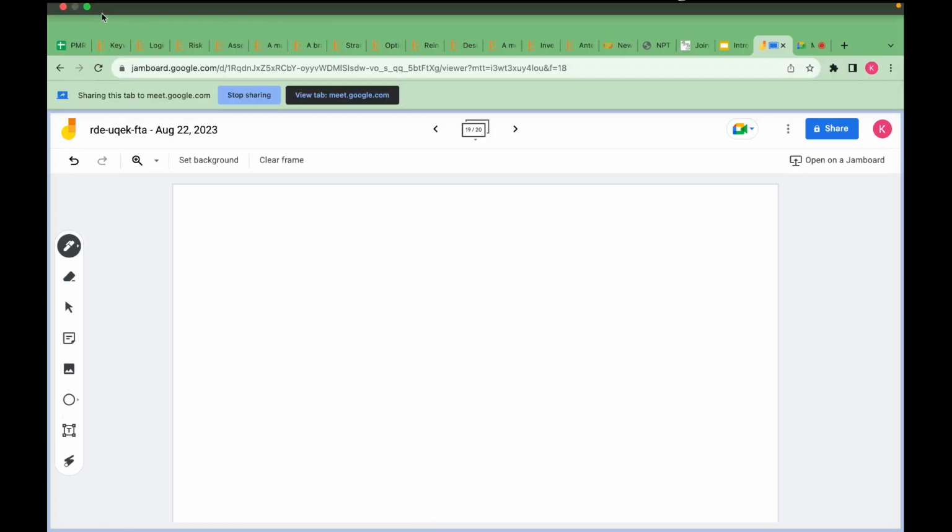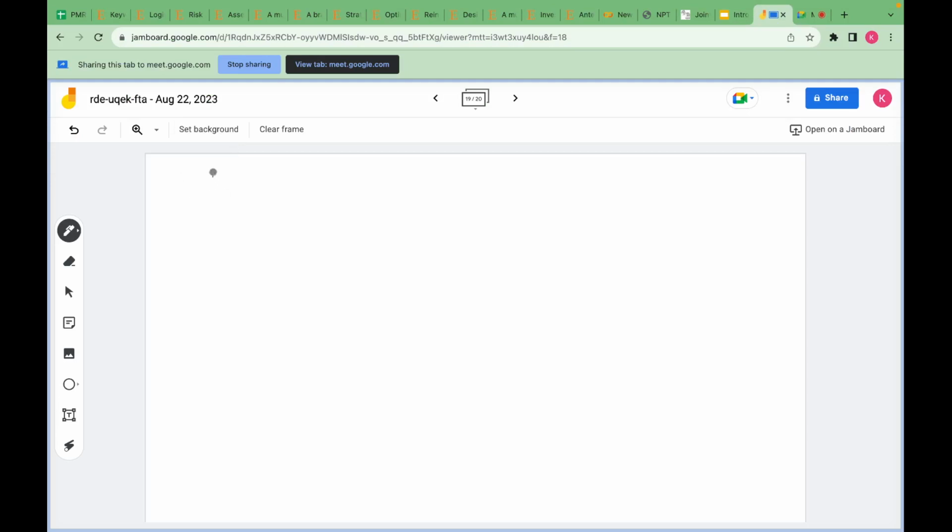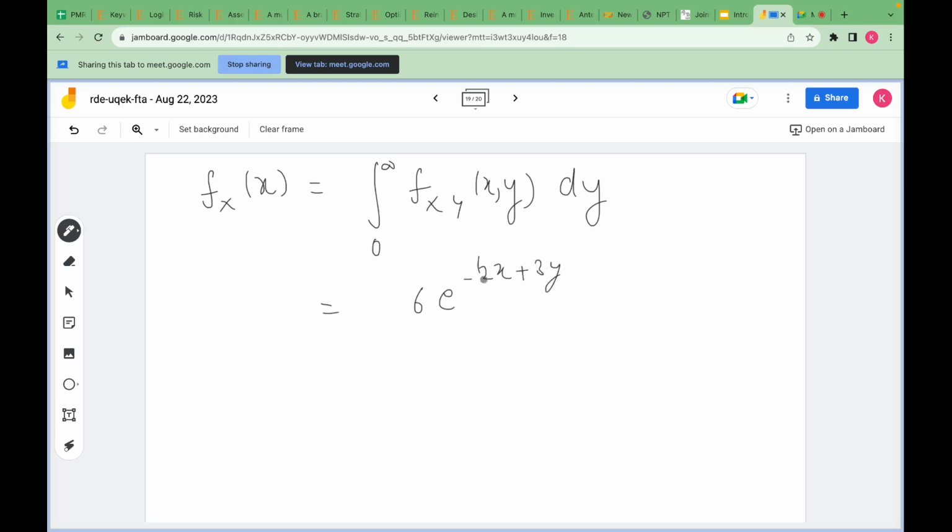So okay, I will start with this question now. We will first find this fx, which is nothing but integrating our joint probability distribution for y, and y varies from 0 to infinity. So this is nothing but 6 e to the power minus (2x plus 3y) into dy.